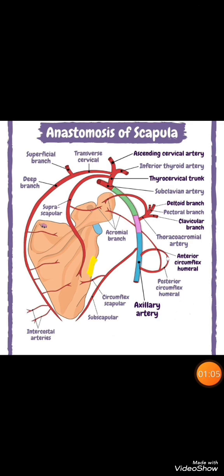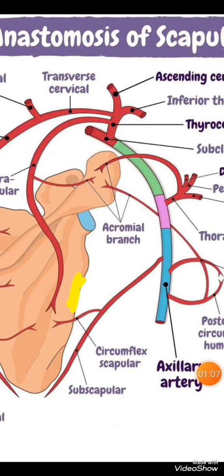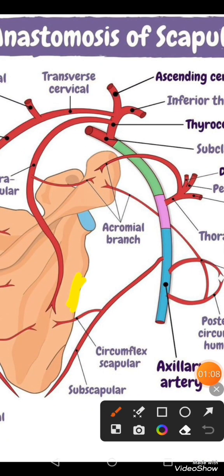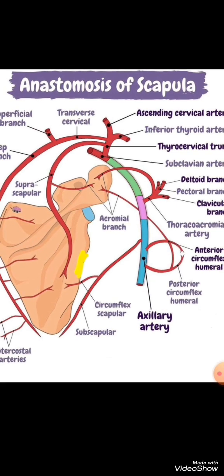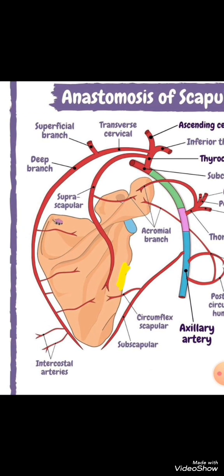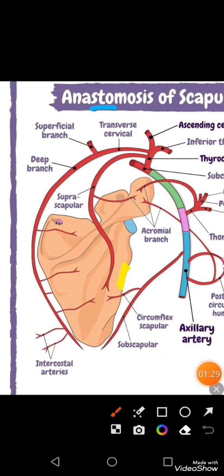Now here, if you concentrate, let me mark it: the subclavian artery gives rise to the thyrocervical trunk, right? And it further gives rise to the transverse cervical artery. Let me make it a little clearer: this transverse cervical artery has a superficial branch and a deep branch.